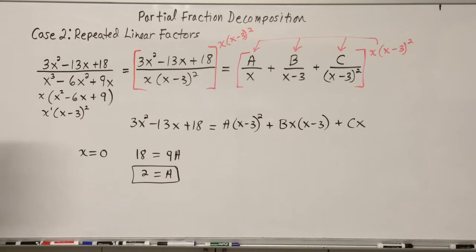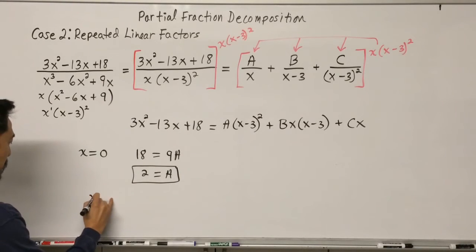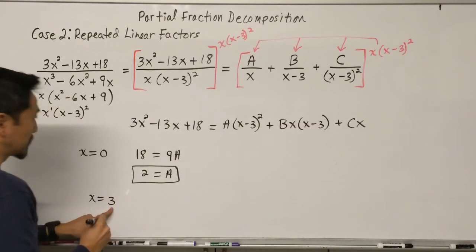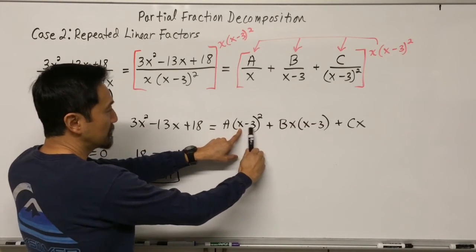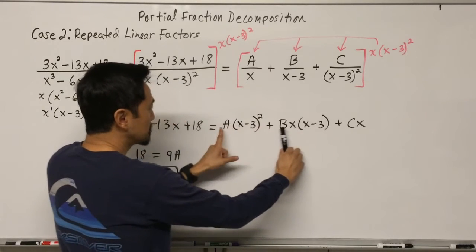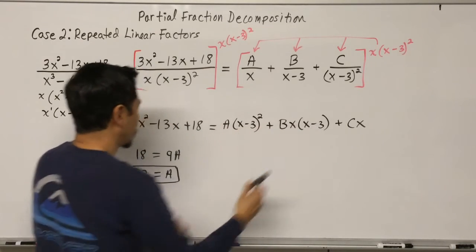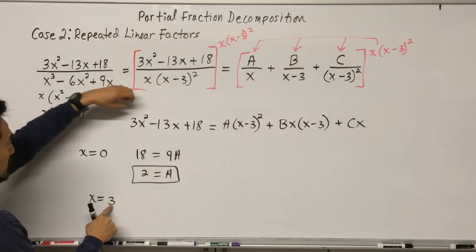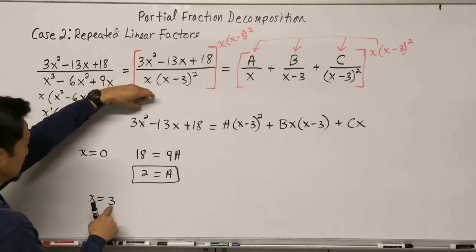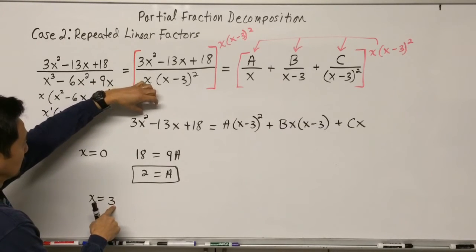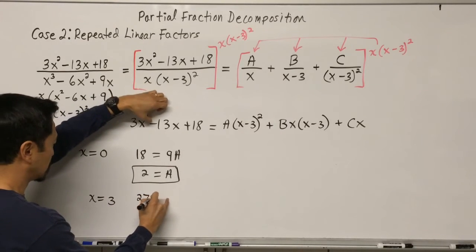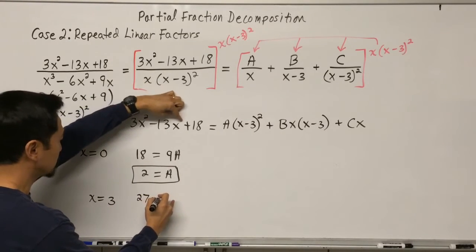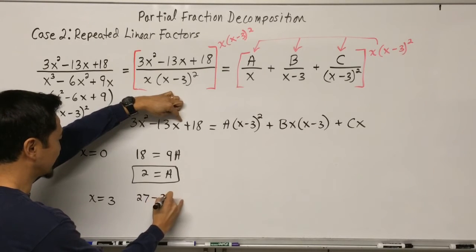Okay, now I can plug in x equals 3, and if I plug in 3, this term will go away because it'll become 0. I'll get a 0 here, and both of these terms will drop off. So if I plug in 3, what is that going to give me? Ooh, some big numbers here. 9 times 3 is 27, minus, well, 13 times 3 is what, folks? 39.